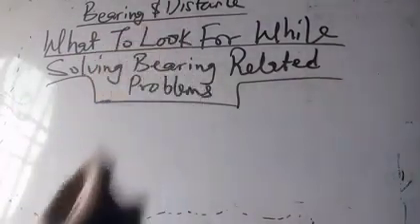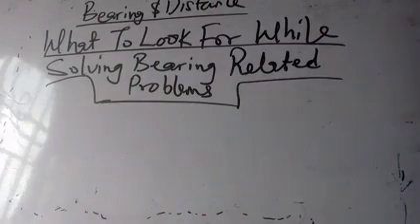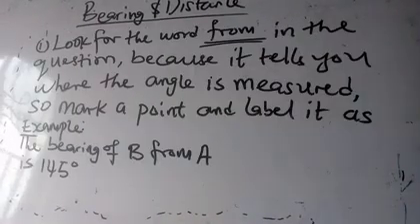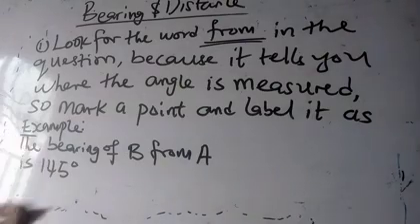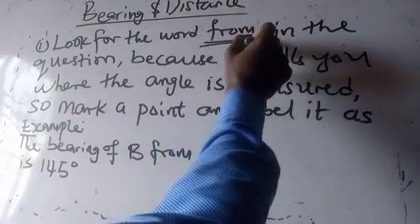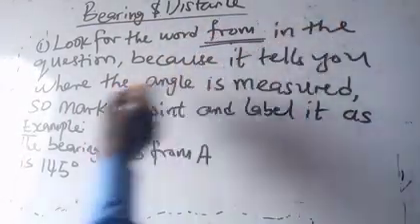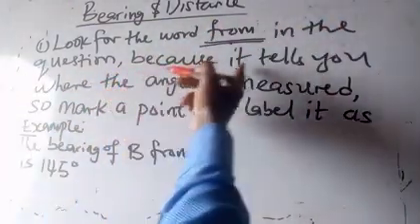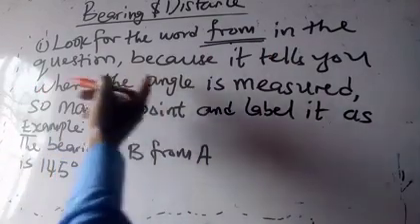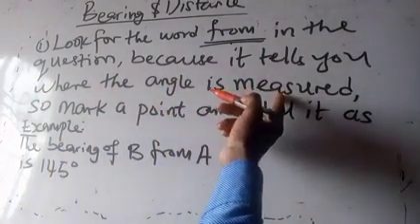The first thing you must be looking out for when you are given either a WAEC or NECO question is the word "from". Look for the word "from" in the question because it tells you where the angle is measured.